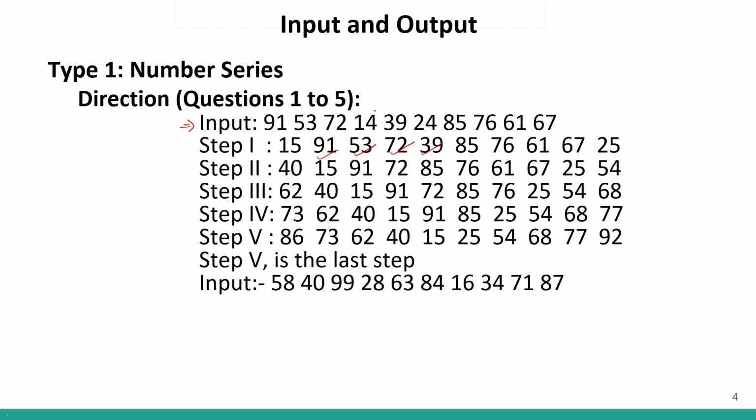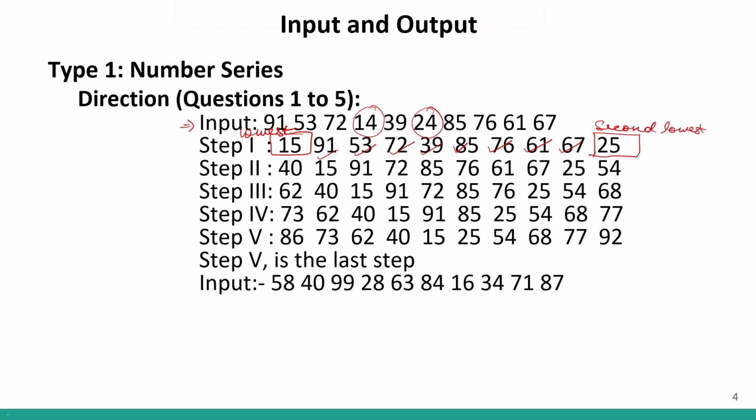So the missing terms are 14 and 24. 85 is here, 76 is here, 61 is here, 67 is here. Now I see two terms over here, 15 and 25. Correct? 15 is the lowest term and 25 is the second lowest term.